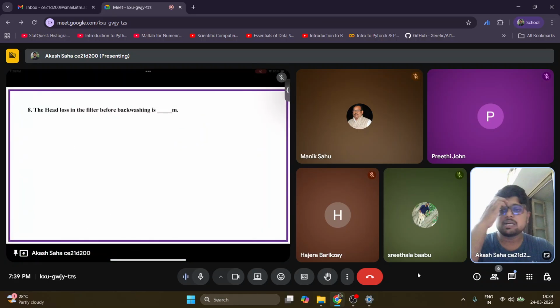Now the last part: the head loss in the filter before backwashing. So what is the head loss in the filter before backwashing? Again, one liner.